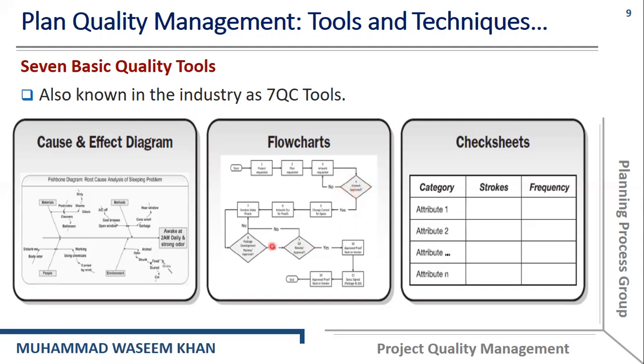Okay, so here you can see that the parallelogram represents the decisions in this particular flow chart, and the rectangles represent the different steps, and these arrows represent the direction, which steps to be performed first and which steps to be performed second, and so on. And this particular symbol represents the start and end of the flow chart.